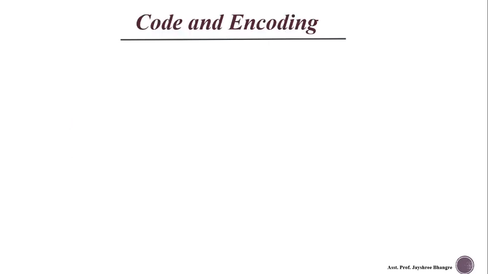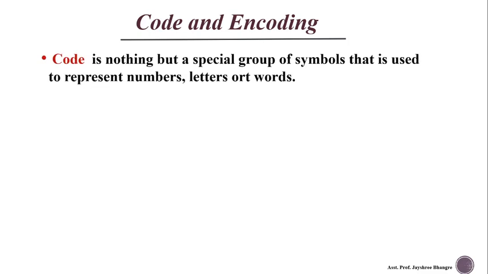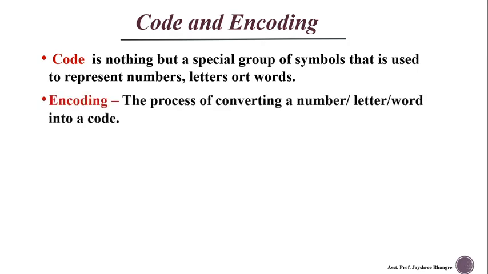So before going to study these codes, let's see what is code and what is an encoding. So the code is nothing but a special group of symbols that is used to represent numbers, letters or words. And encoding is nothing but the process of converting a number, letter or a word into a code.